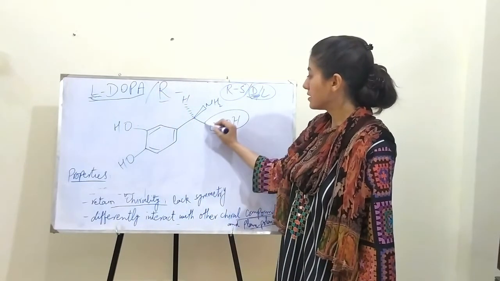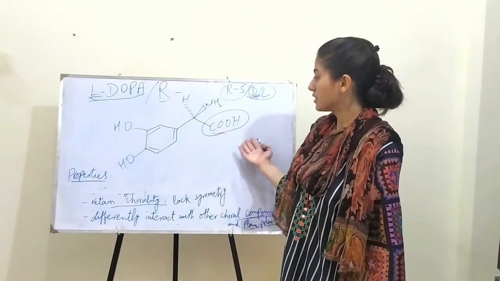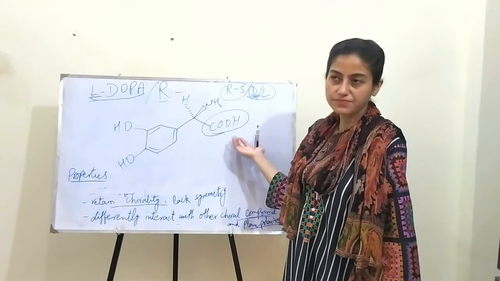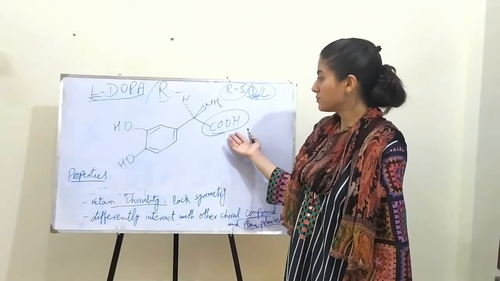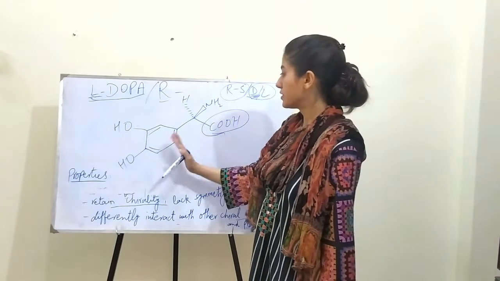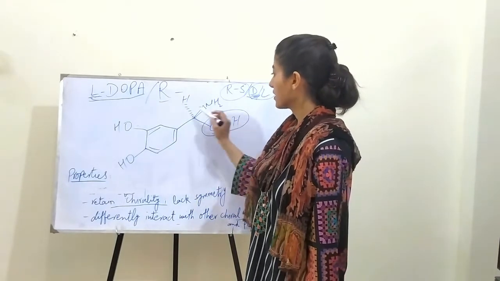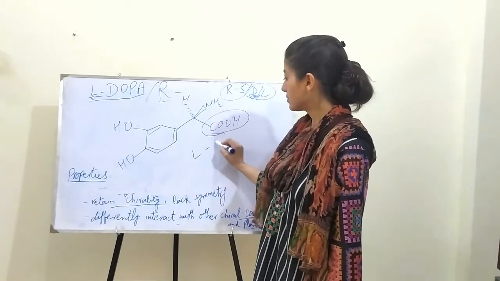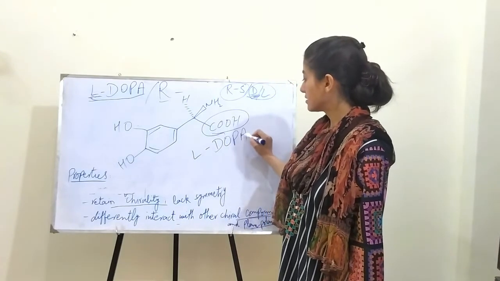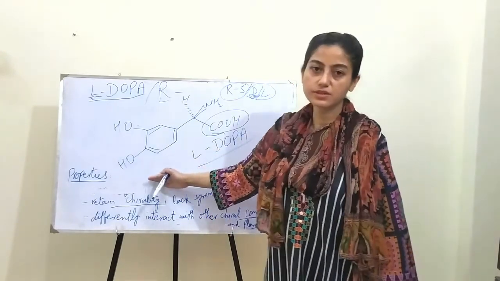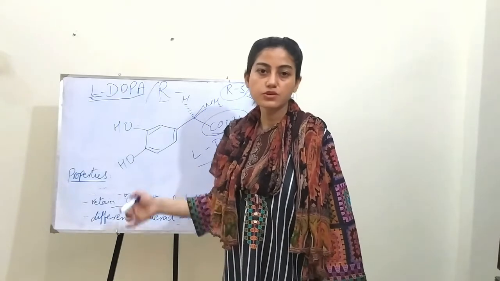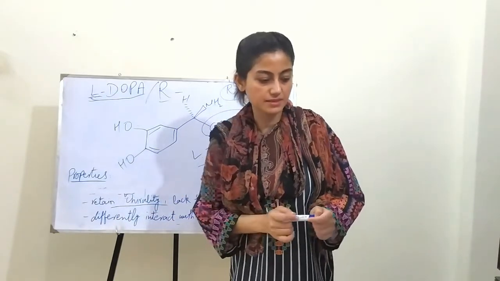This configuration system is actually based on the carboxylic group's orientation that would be studied in the next lectures. So here it is L-dopamine, and this compound is used as a drug to treat Parkinson's disease.